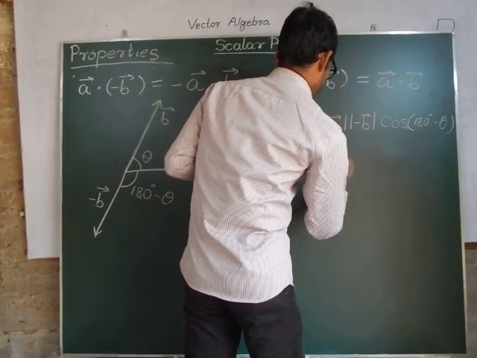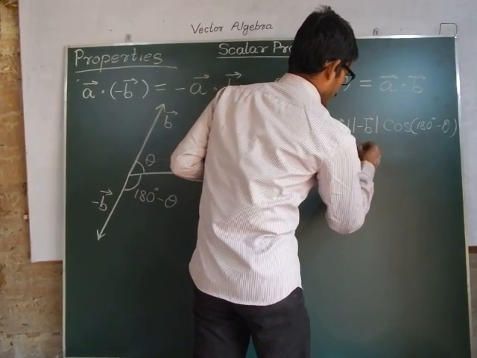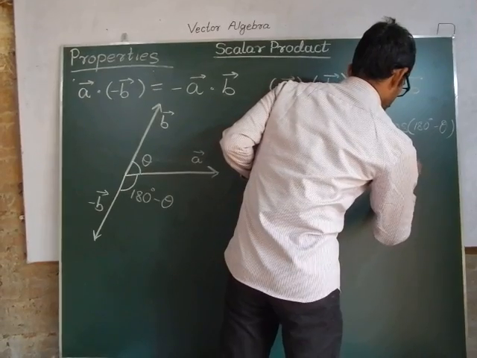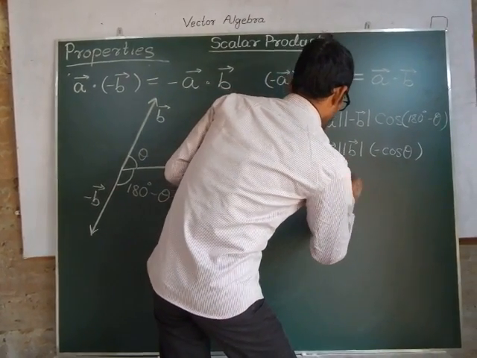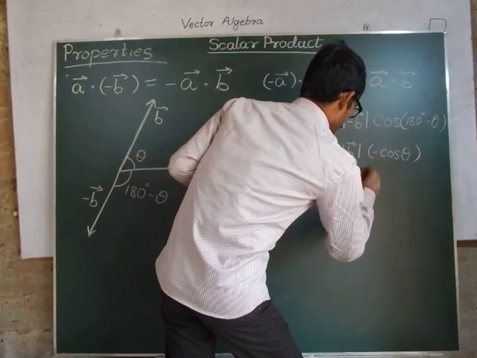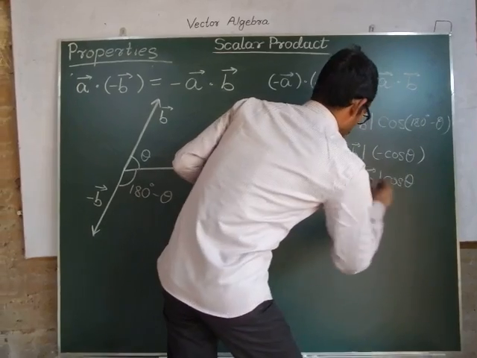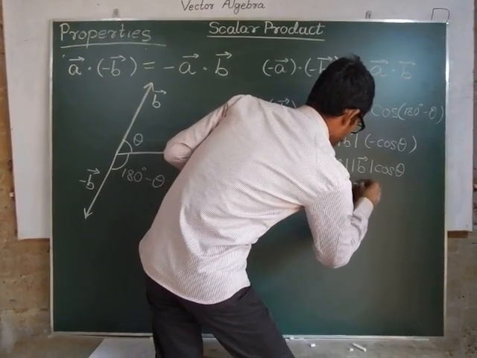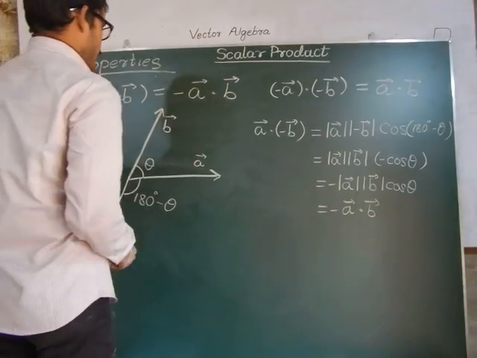The magnitude of minus B and the magnitude of B are the same, hence we can write magnitude of A, magnitude of B into minus cos theta. Means minus the magnitude of A and magnitude of B into cos theta. Hence this can be written as minus A dot B. Means A dot minus B is equal to minus A dot B.